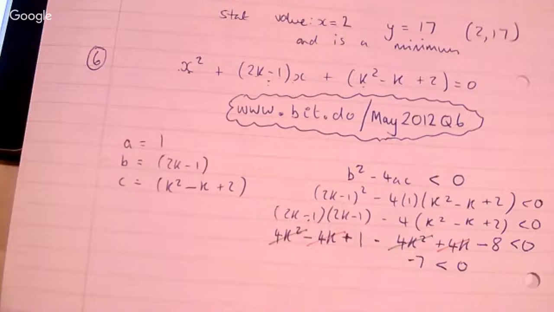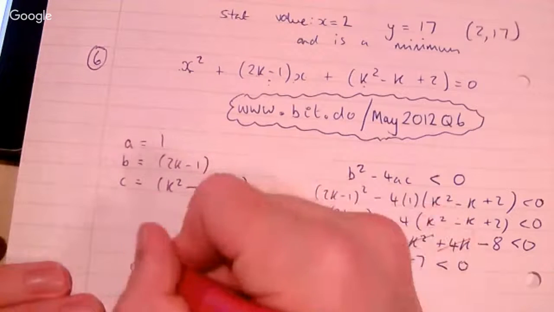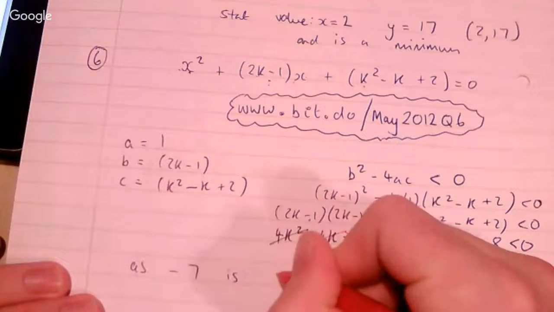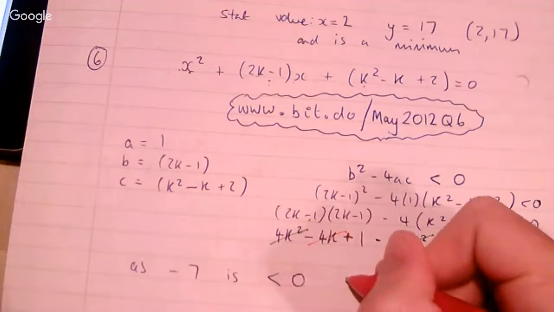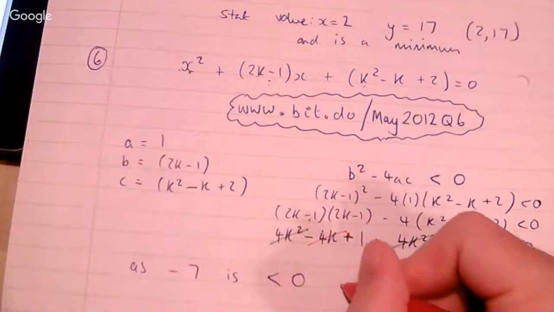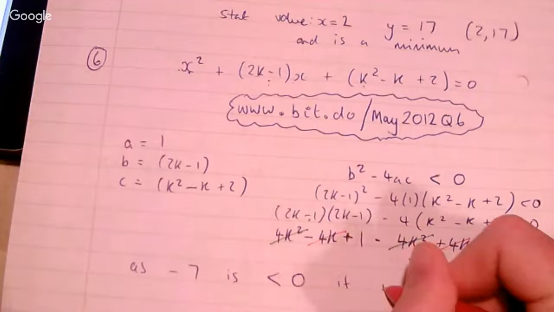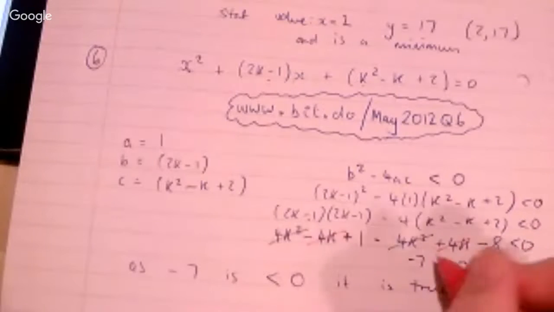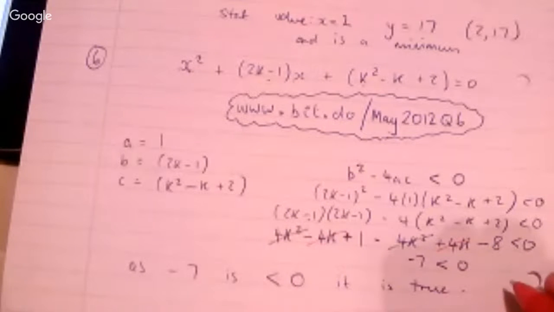So what I wrote down when I was doing this, I said, as minus 7 is less than 0, it is true. And basically, no matter what the value of k, can you see that these k's will always cancel out when we use algebra?